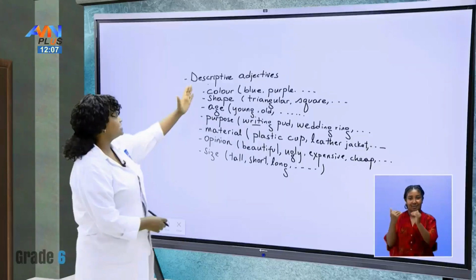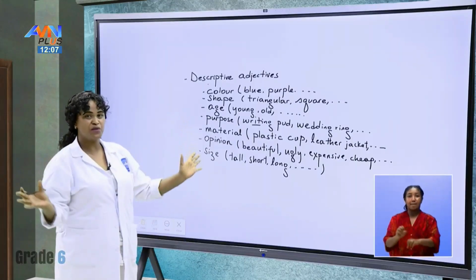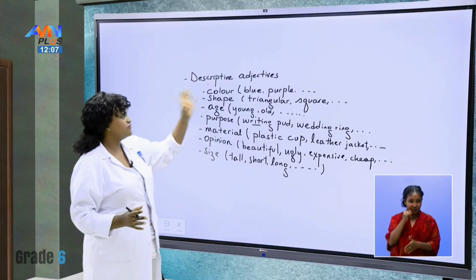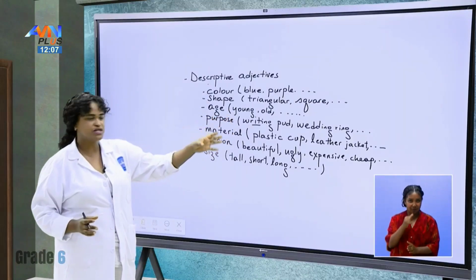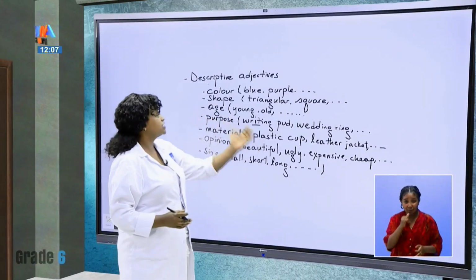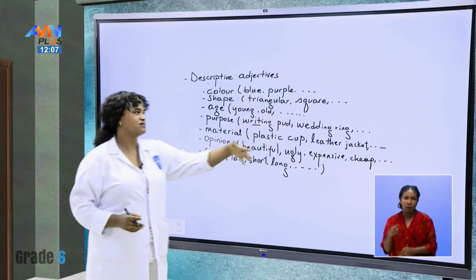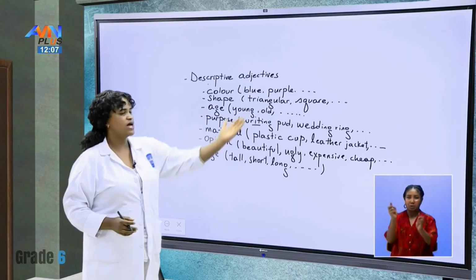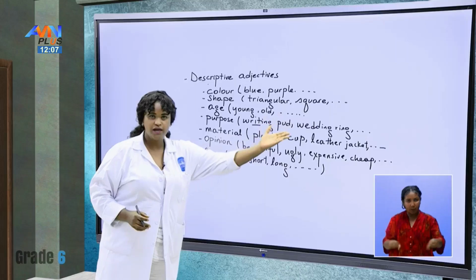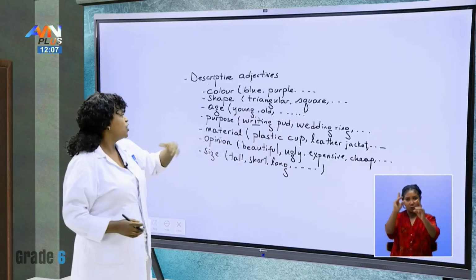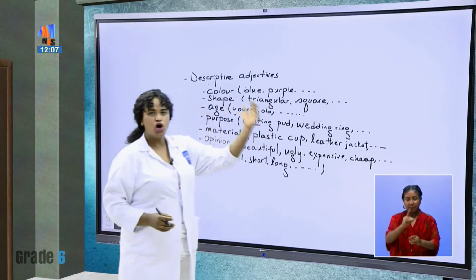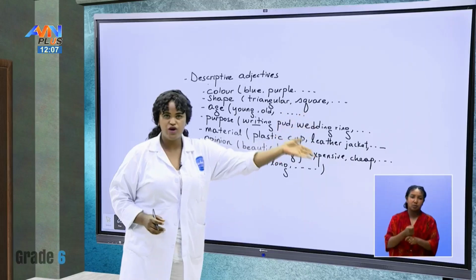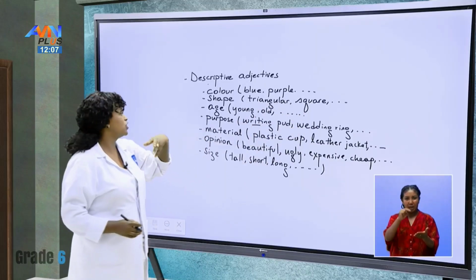So this is the first and the broadest type of adjectives, descriptive adjectives. Under descriptive adjectives, the colors, red, blue, purple, yellow, yeah? Or the shape, triangular, square, circular, diamond shape, yeah? Or the age, young, old, ancient, new, antique. These are all about the age.